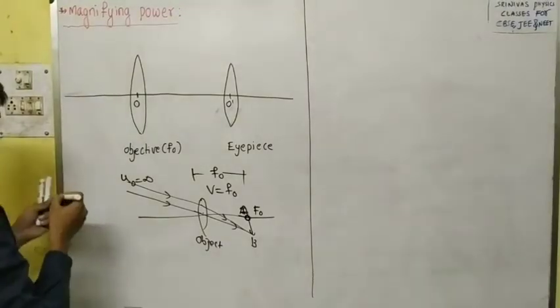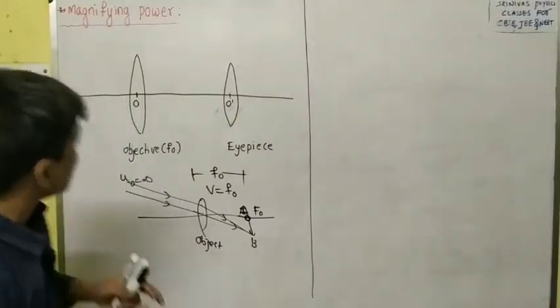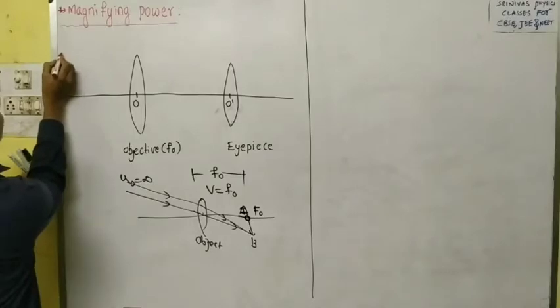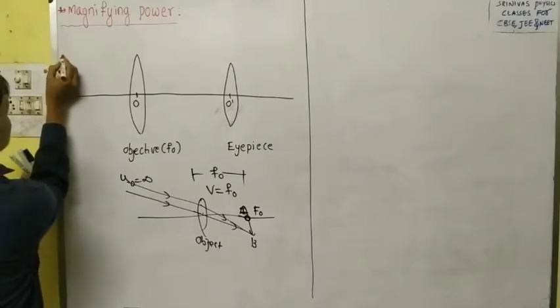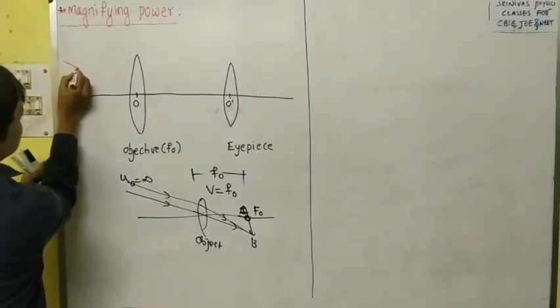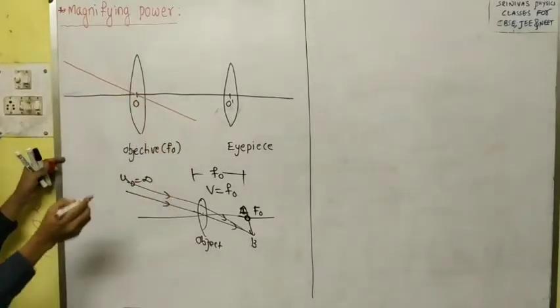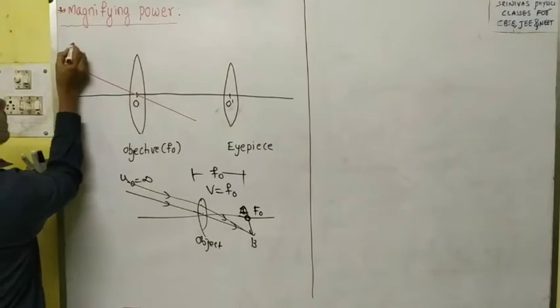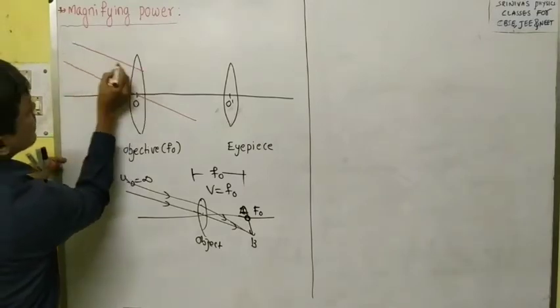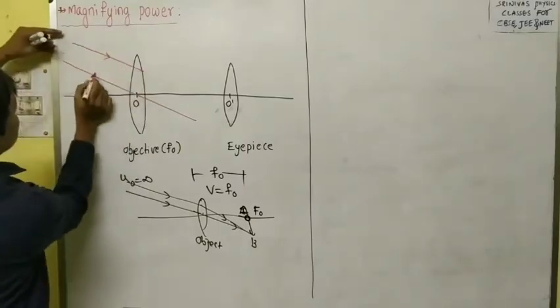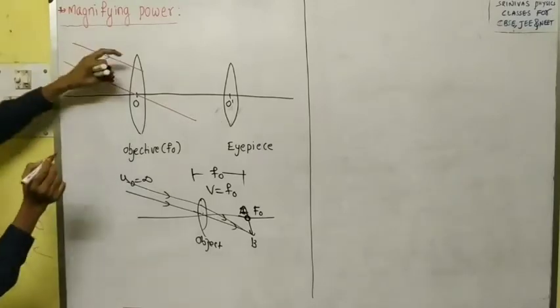Then according to that, let us draw the diagram. One light ray I am taking is coming from the object which is at infinite distance. It passes through the optical center and goes straight. Another light ray I am taking like this, it is incident. These two light rays are incident parallelly, that means they are coming from infinite distance.